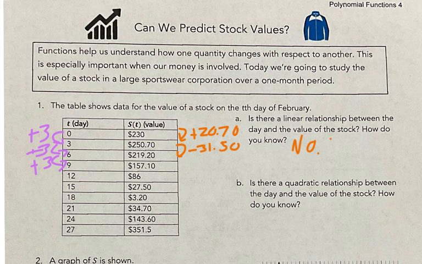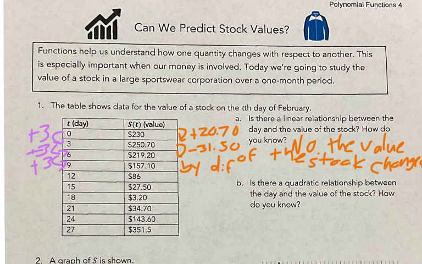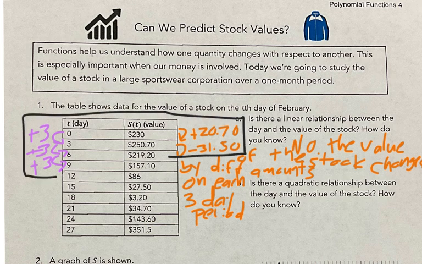So here's the way they say it. They say the value of the stock changes by different amounts on each 3-day period.